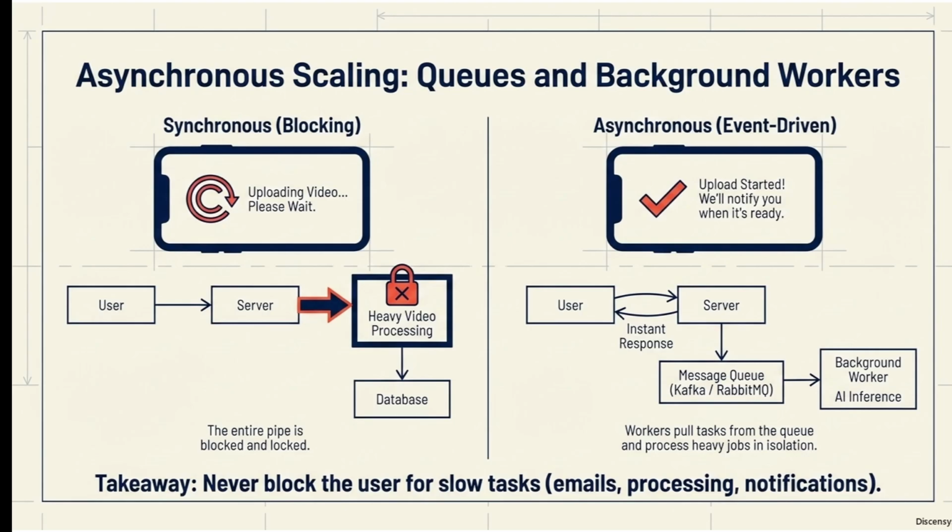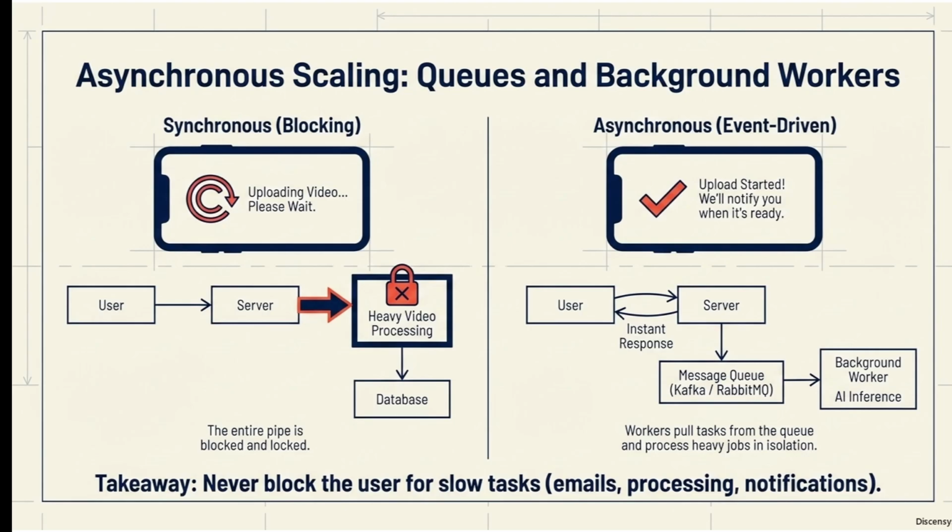And asynchronous is where people do not stand in a line, rather they can move parallelly. That is asynchronous. You can also follow the picture shared here. It goes from the user to the server to the heavy video processing to the database.